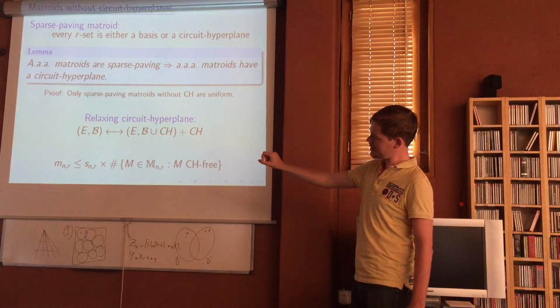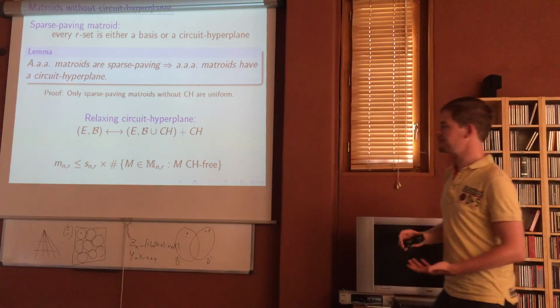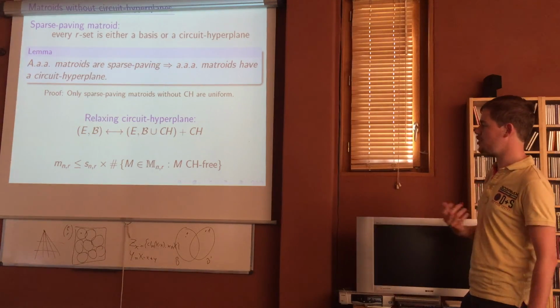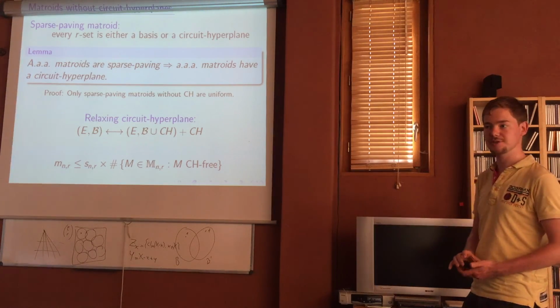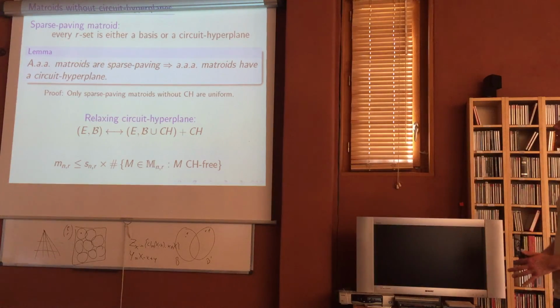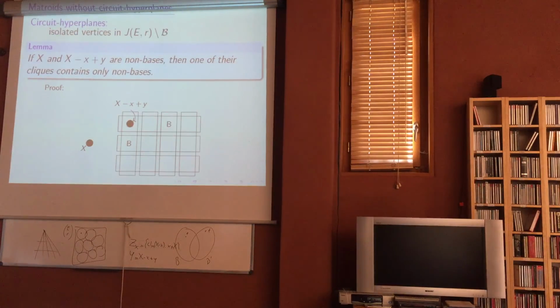So it shows that the number of matroids is at most the number of sparse paving matroids multiplied by the number of circuit hyperplane free matroids. So all these quantities are related to each other.